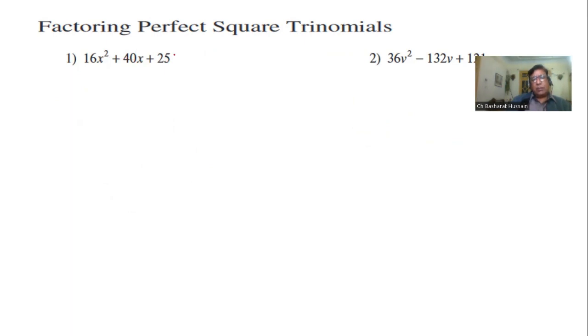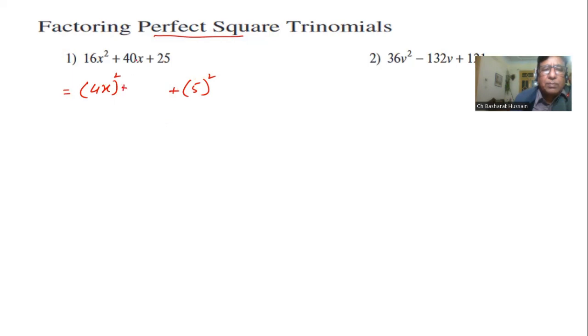These are 3 terms, but here there are two terms which are perfect squares. In question number 1, 16x square is 4x whole square, and we can write 25 as 5 square.